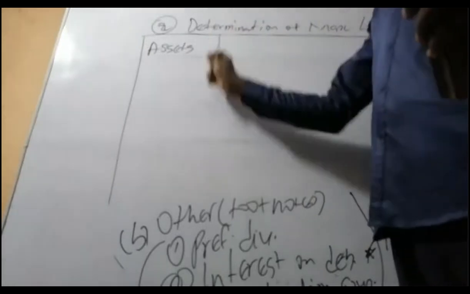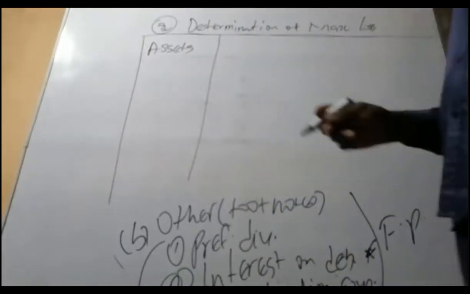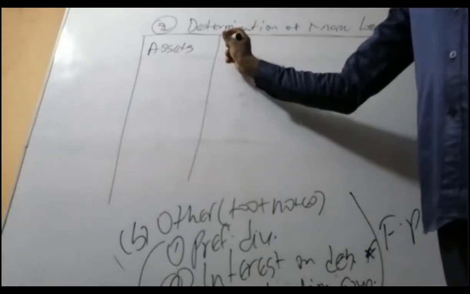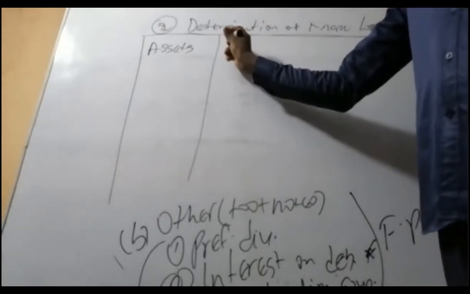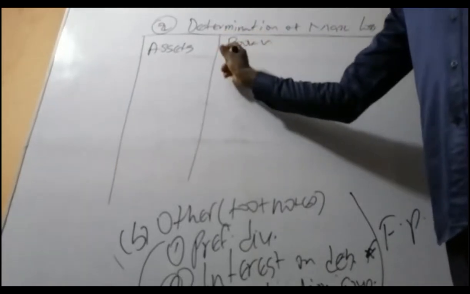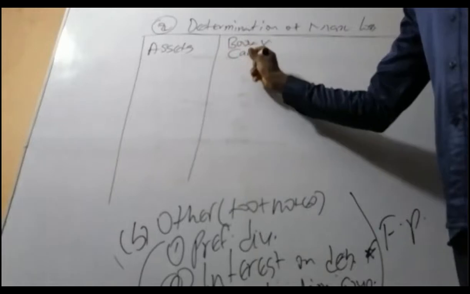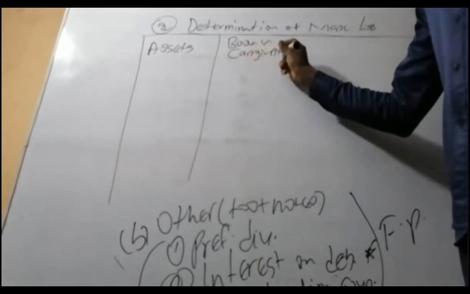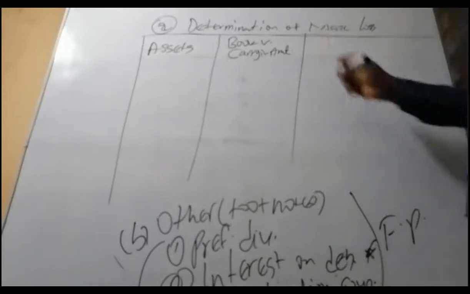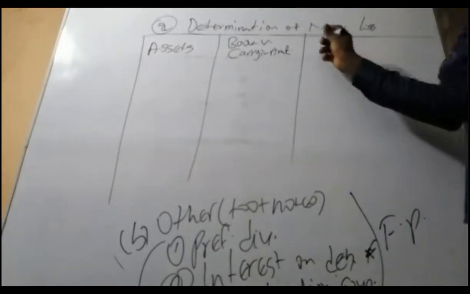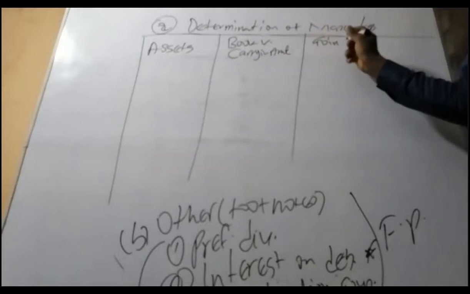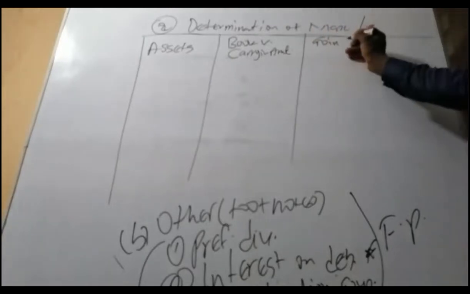Now when you list the assets, there are values that we need. We need a book value or the current amount, CA. Then you need a going concern value. I will explain that one too.